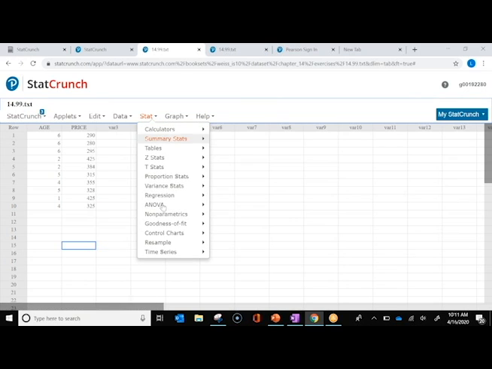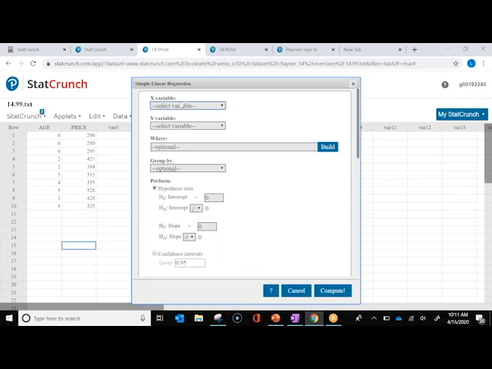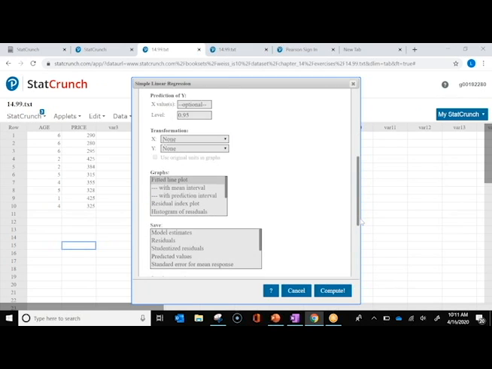So this is going to come up in chapter 15. Regression, simple linear. Pick your variables. And choose fitted line, and also choose residuals.